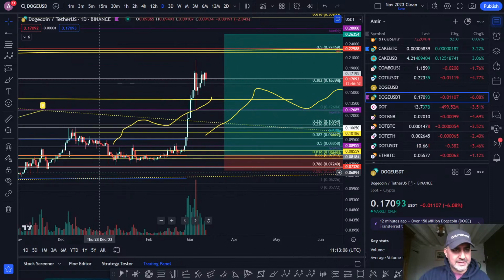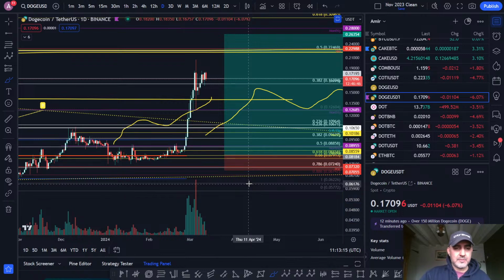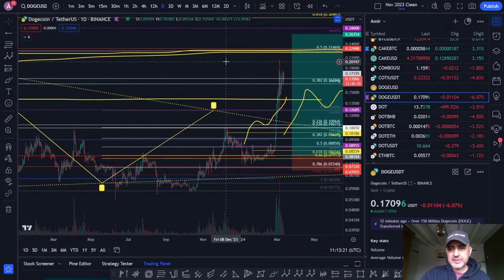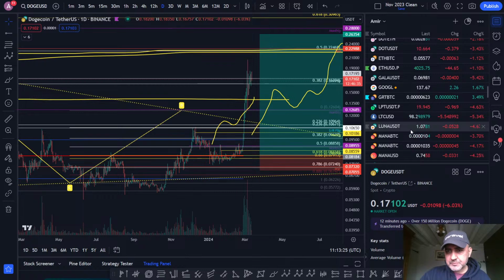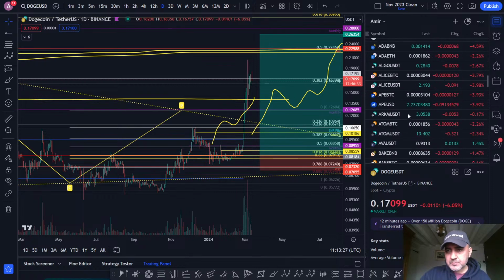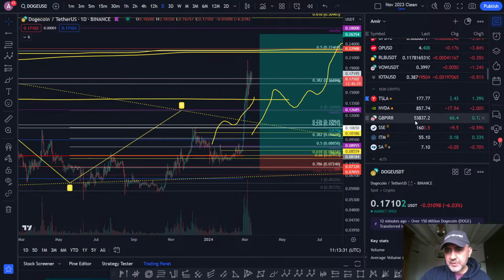Look at that volume that came into Doge. It's a lot of volume. I think that volume was the squeeze. When I did my analysis originally, I was talking about a Doge squeeze that was coming. Nothing of interest.